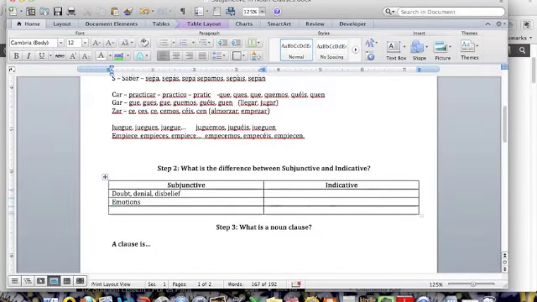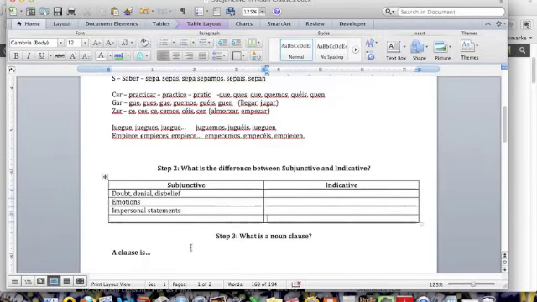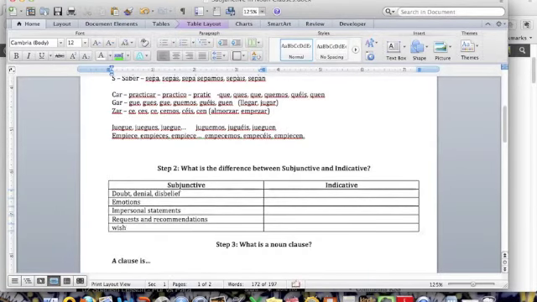We use it for impersonal statements. We use it for requests and recommendations. And we use it for wishes, desires, and ojalá.